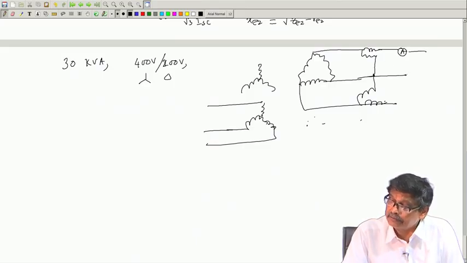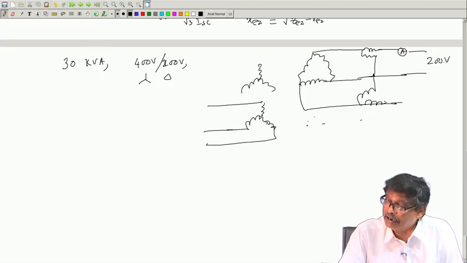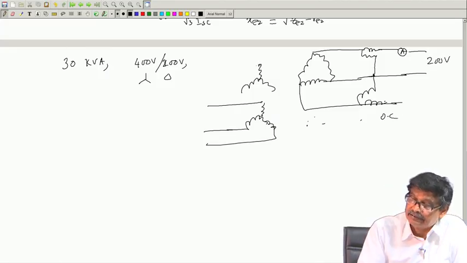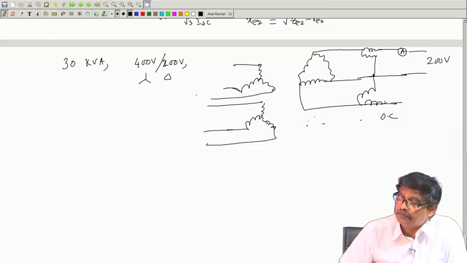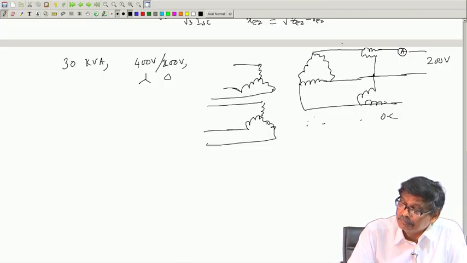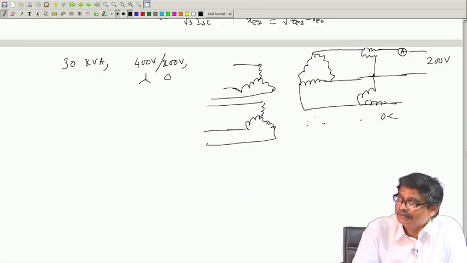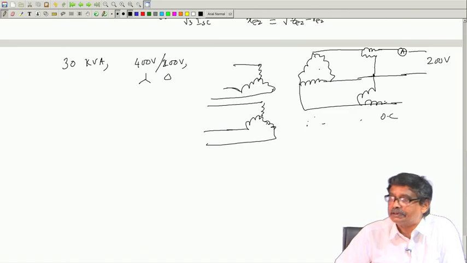You connect the ammeter and apply rated voltage, 200 volt, while doing the open circuit test. This side is open, who bothers? That is fine. But what I am telling is you can always imagine this to be star connected while calculating the parameters and live with them.